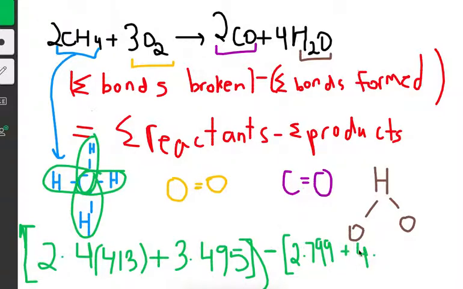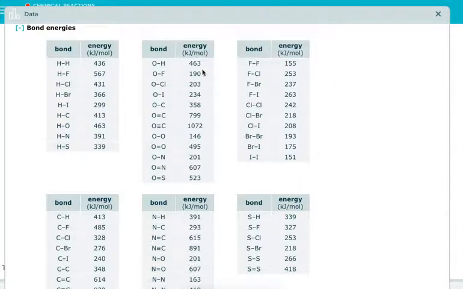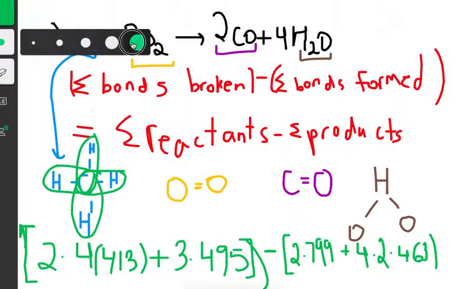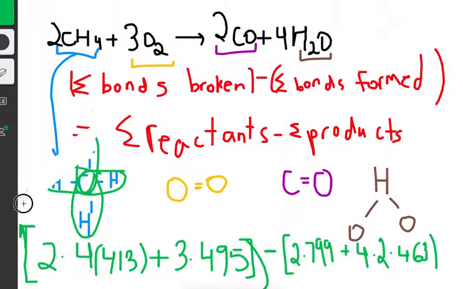H2O has H single bonded to oxygen 2 times. So single bonded HO is 463, but there's 2 of them. So we'll have 2 times 463. Now I'm going to erase everything on the top so that we can continue our problem.